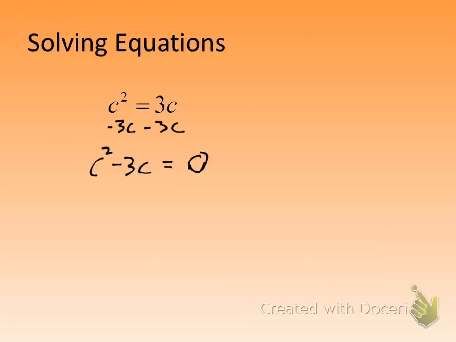We have a subtraction between two things, c squared and 3c. We need it to be a multiplication. So how can we turn a subtraction into multiplication? Starts with an F. 6-letter F word. Factor. What can you factor out of c squared minus 3c?